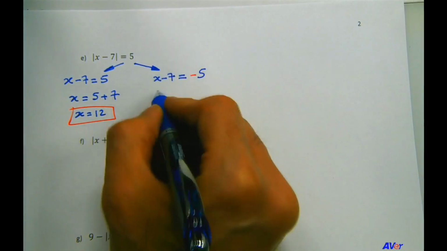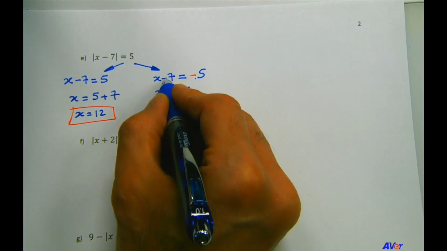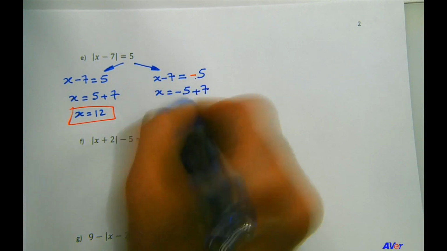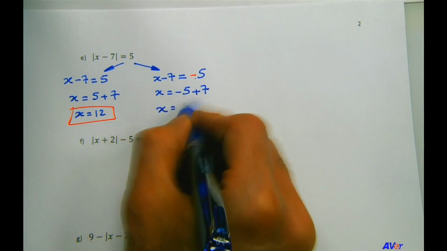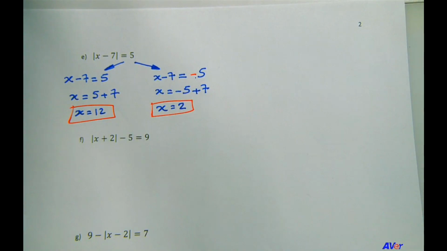You can test it if you like. Then this one, x equals -5. Move the -7 to the other side, it becomes +7. Then combine that with this. 7 minus 5 is 2. +2, right? Like that. So those are the solutions of that.